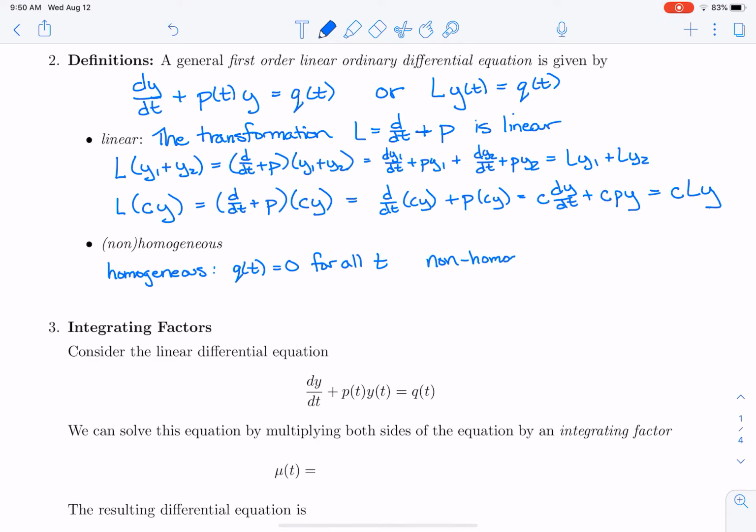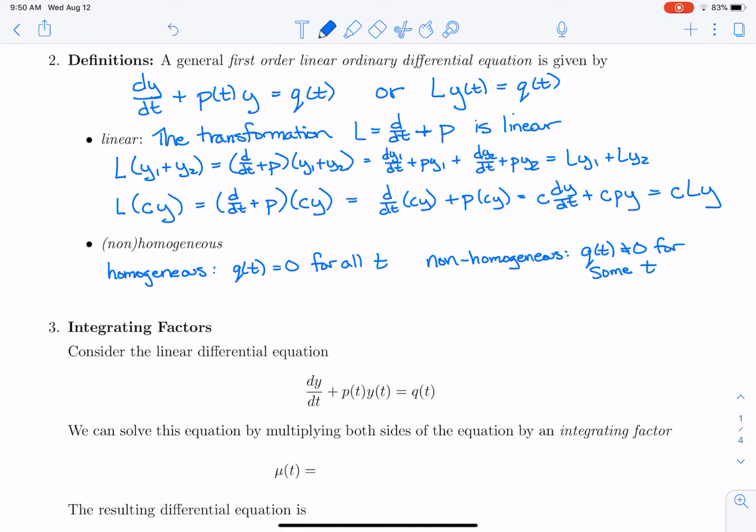Non-homogeneous equations, okay, that's when q of t is not equal to 0 for some t. So if there's some point at which the right-hand side is not 0, then it's called a non-homogeneous equation.